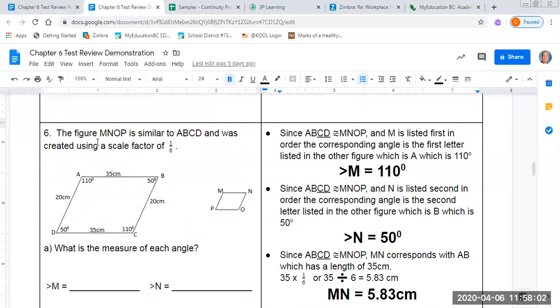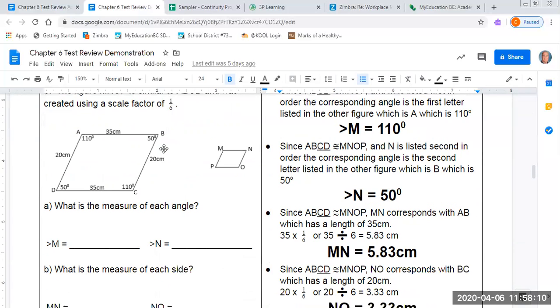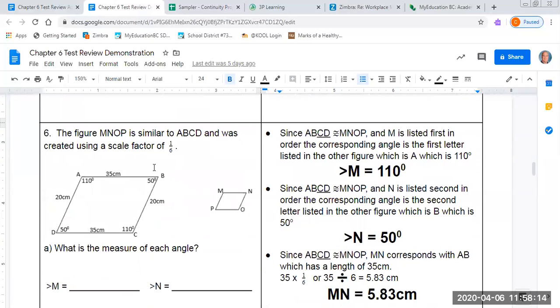Question 6 reads, the figure MNOP is similar to ABCD and was created using a scale factor of 1/6. It says, what is the measure of each angle? Once again, regardless of what the scale factor is, if these two shapes are similar, then the definition of similar figures is that the corresponding angles will be the same.